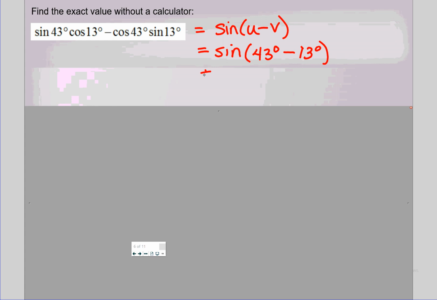And we can simplify that. What's 43 minus 13? That gives me 30. And then that is something we can do without a calculator. Sine of 30, unit circle. What is it?